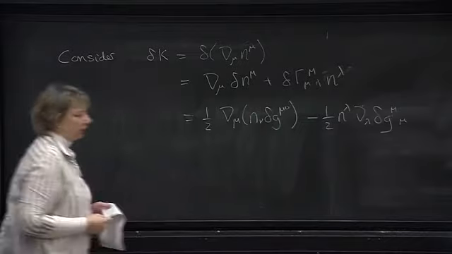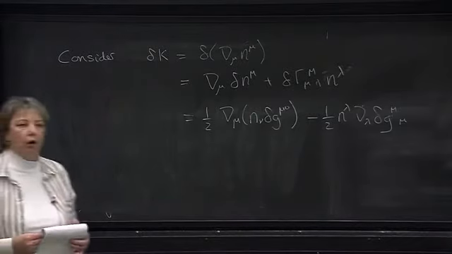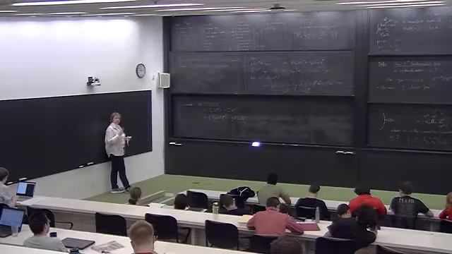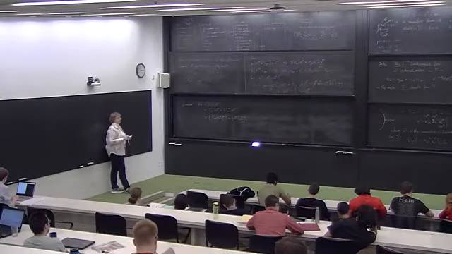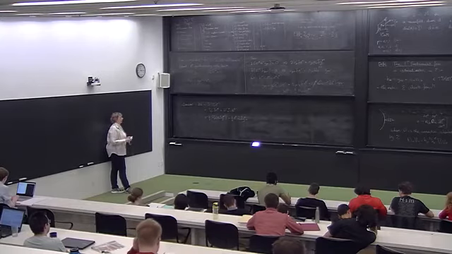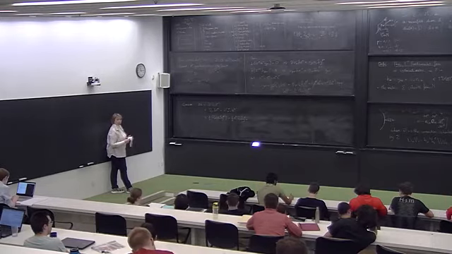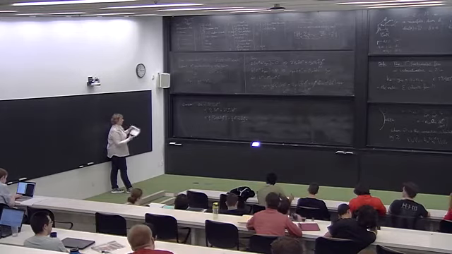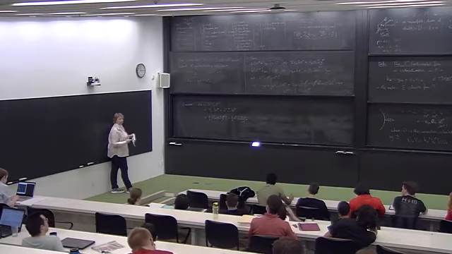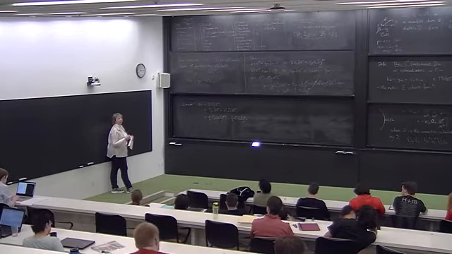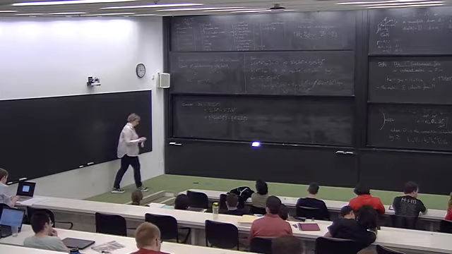So delta gamma is just given in terms of derivatives of delta g, and in this case, because you've traced over the upper and lower indices in the delta gamma, you just have a single derivative of the trace of delta g. And we've replaced delta n by n dotted with delta g mu nu. So you can start to see that this is beginning to look promising in terms of giving you something that looks like that boundary term from the Euler-Lagrange.